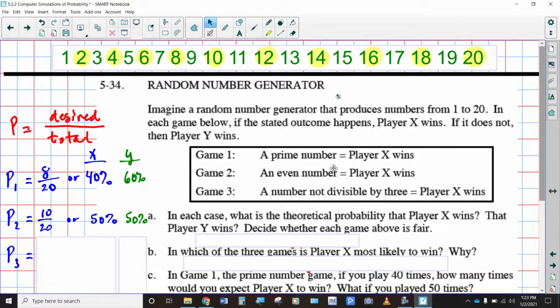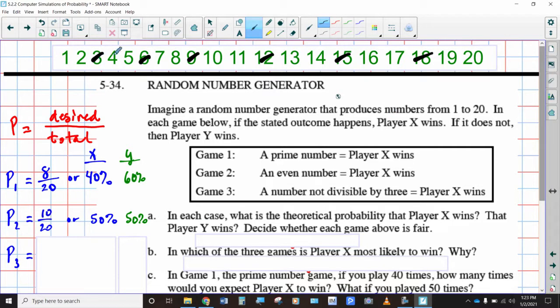If the number's even, X wins. If it's odd, Y wins. They both have the same chance. And then for the last situation, a number not divisible by 3. So what I'm going to do is cross out the ones that are divisible by 3. Okay, so 3, 6, 9, 12, 15, 18.